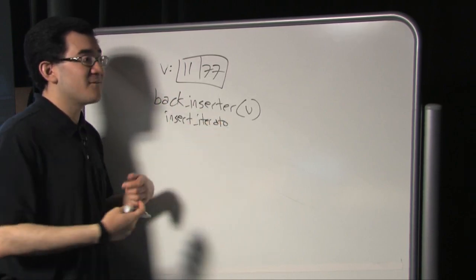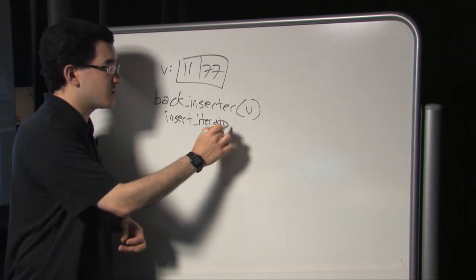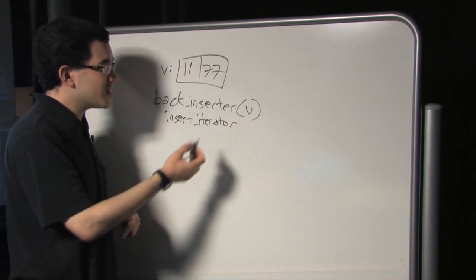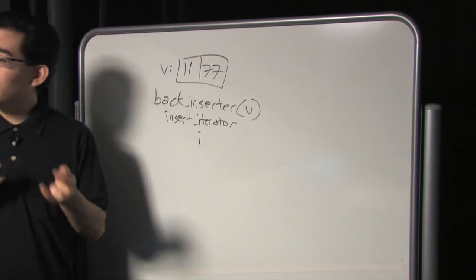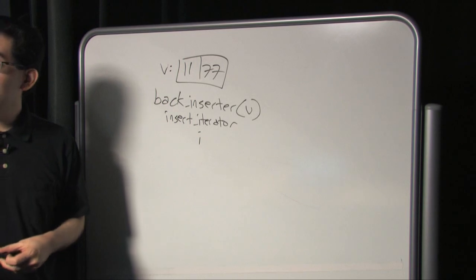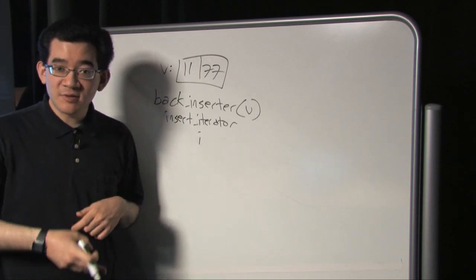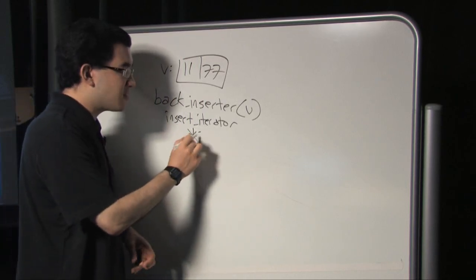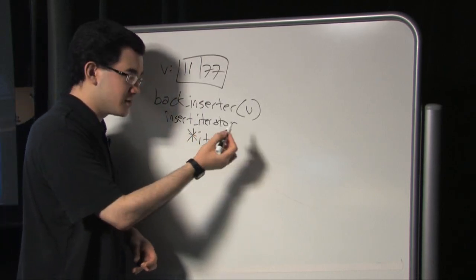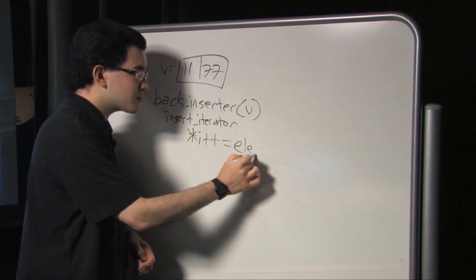This back inserter is a function, a template function, that's returning std::back_insert_iterator. And suppose that I call this iterator i. When an STL algorithm, in this case copy, is writing to this insert iterator, it's going to be repeatedly dereferencing it, writing an element, and then incrementing it. So it could write *i++ equals some element, in this case the element from the source.